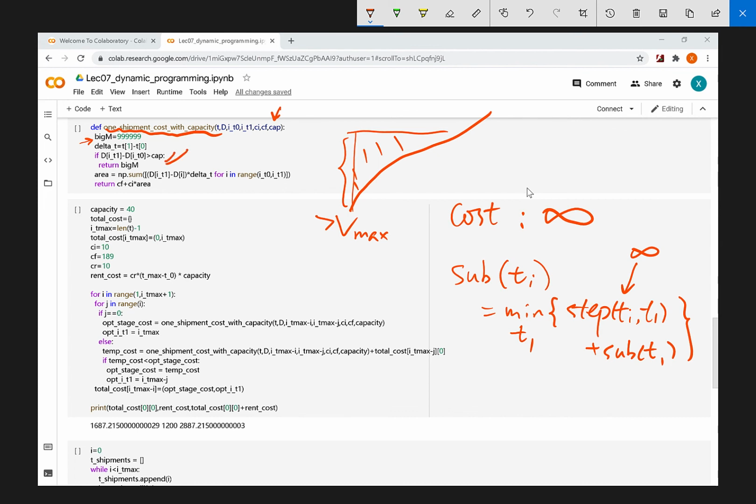So that's very easy to realize. If you have a load, which is dt1 minus dt0 here, then we just return an infinity number, which indicates a very high cost. With this adjustment, we can guarantee that the load will be kept within Vmax.